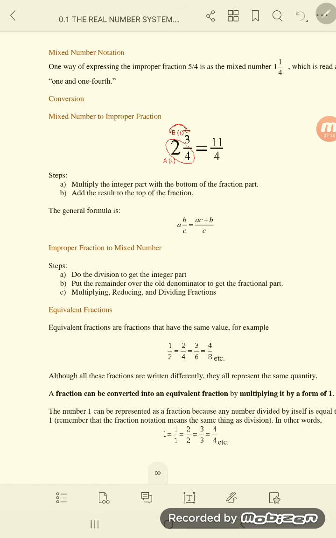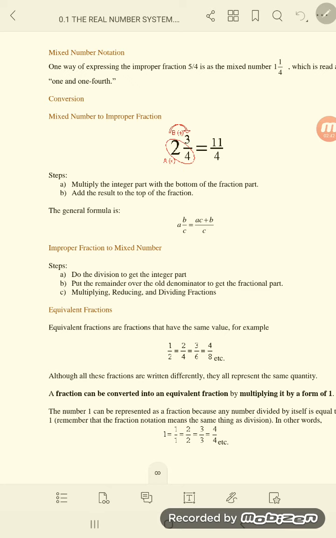Let's go to another page where the mixed number can be something like this. I think most of the calculators are going to use this format.